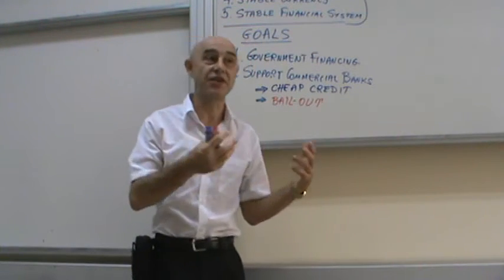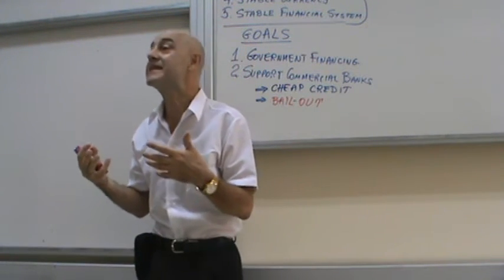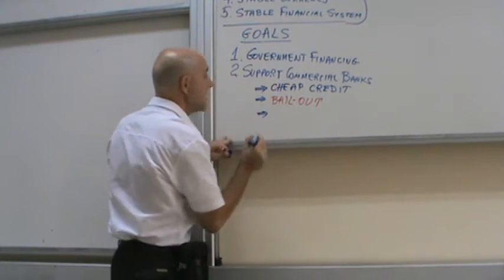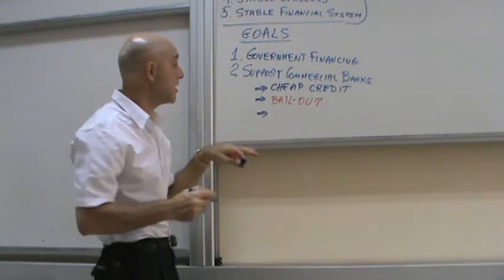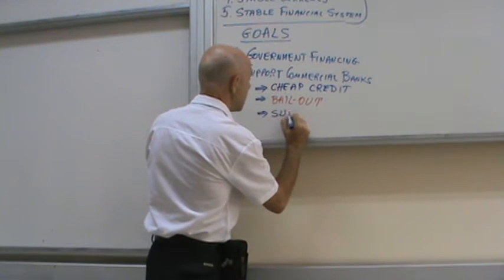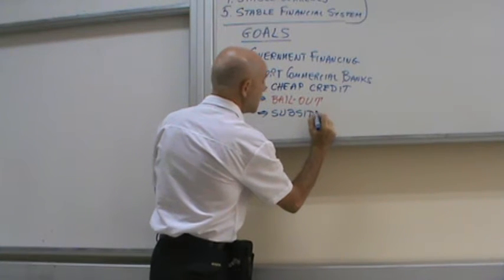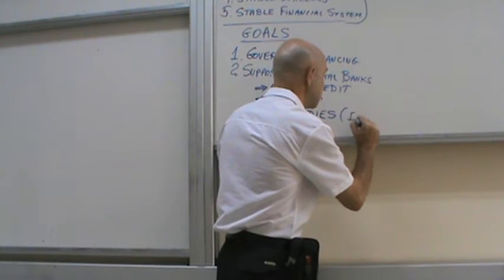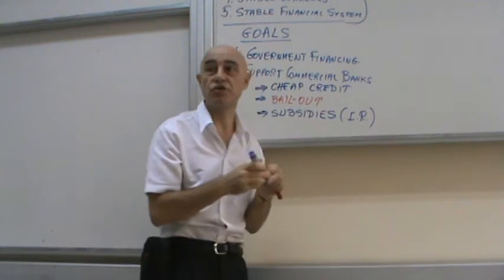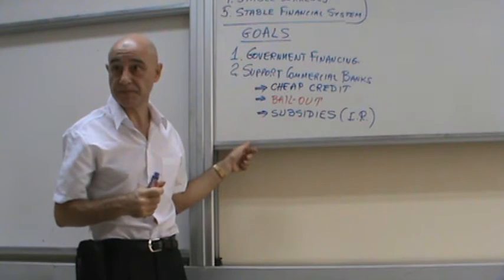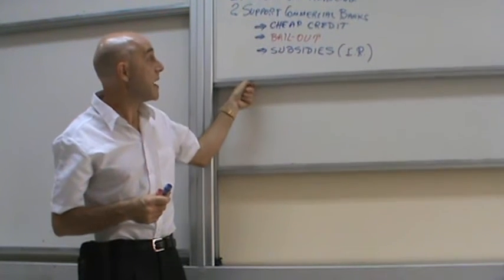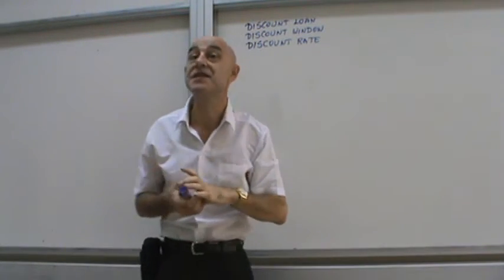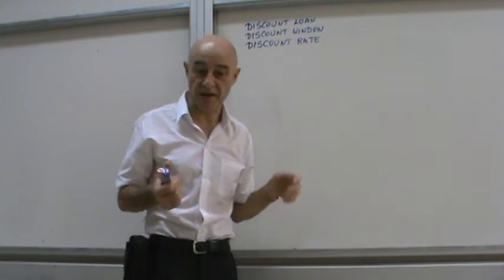It's like the central bank giving a subsidy to the commercial bank. Therefore, the third main mechanism through the cheap credit is subsidies, various subsidies. Usually the main one will be interest rate subsidy. Subsidies are usually given by the government, but in this particular case it is by the central bank.